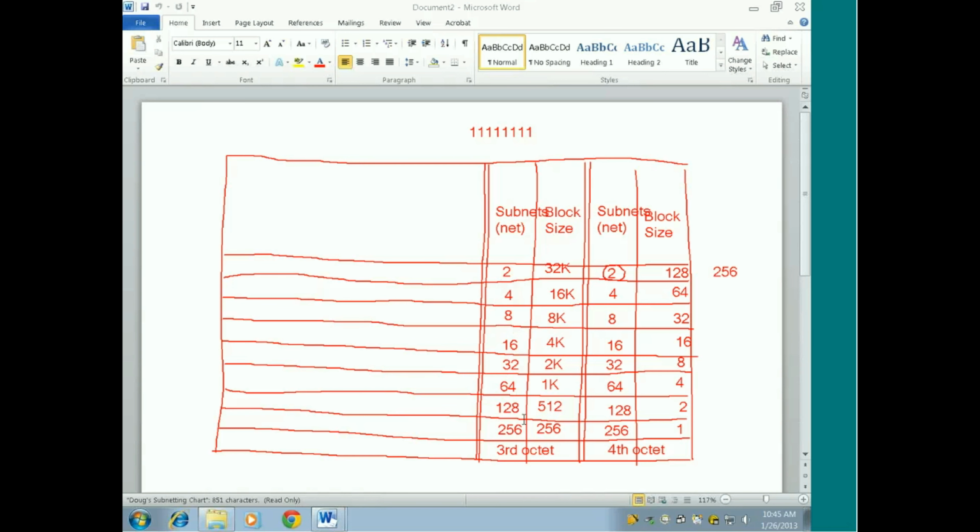They're the same numbers. This column and this column are the same, even though they're in the third octet, the fourth octet.